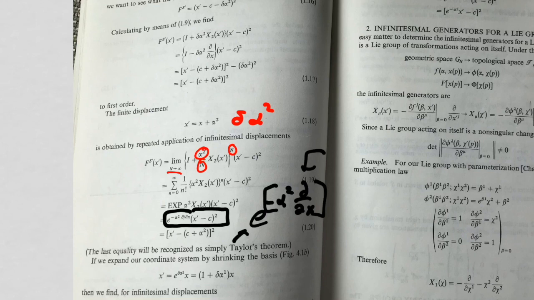So when n is large enough, no matter how big the shift, this term in front of the generator is always going to get smaller than any arbitrary number because that's what this limiting process means. N gets arbitrarily large, which means alpha 2 over n gets arbitrarily small, which puts it firmly in the range of our ability to consider infinitesimal transformations. And we just do n of them, and we walk our way all the way out to the finite transformation.